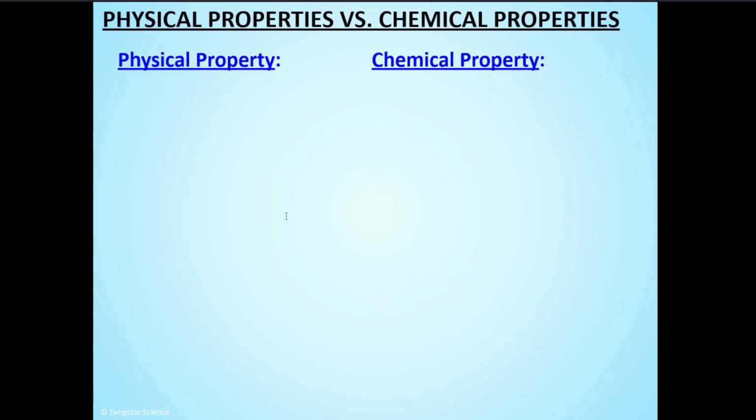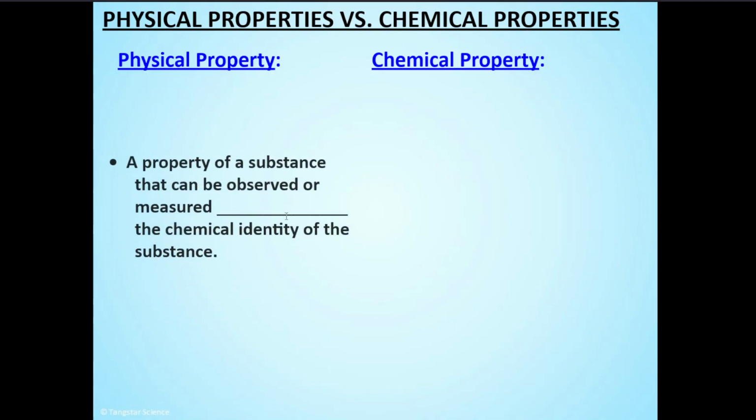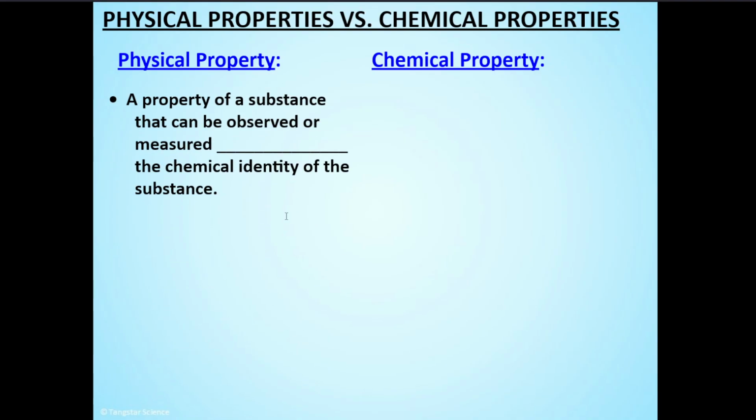So when we compare physical and chemical properties, the most important way we classify properties is by splitting them up. A physical property is a characteristic you can observe or measure without changing the substance's chemical identity. All right, it cannot change the chemical identity. Think about the color of a blue ball.